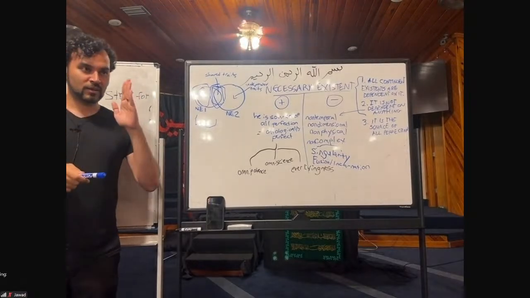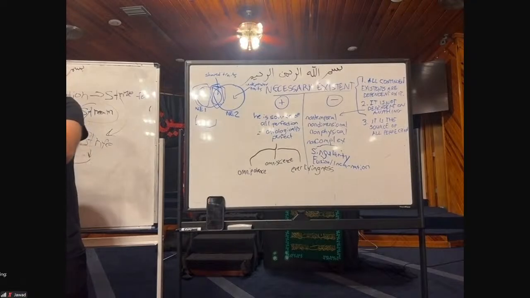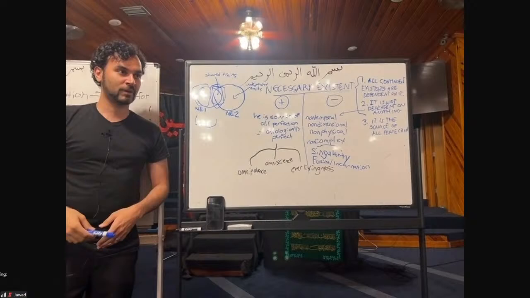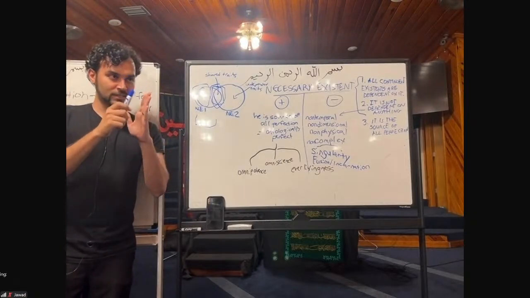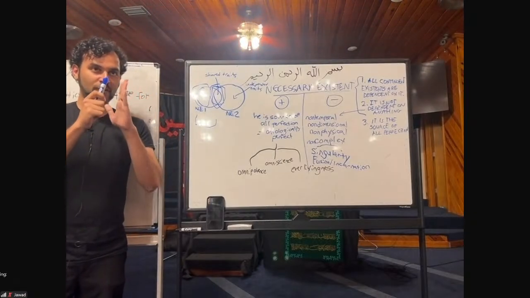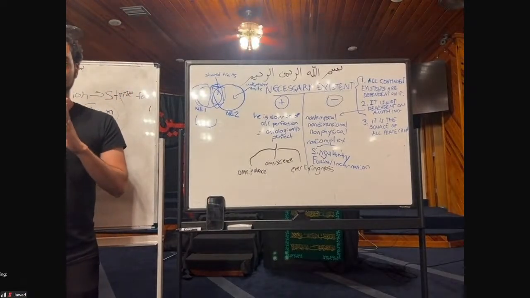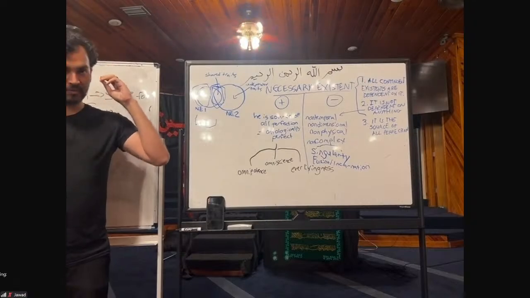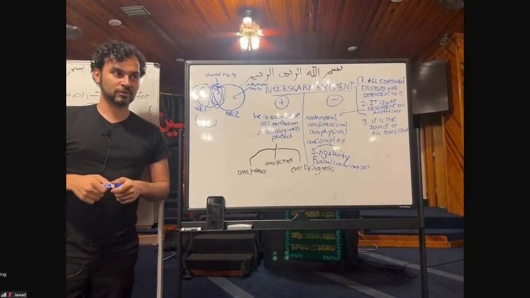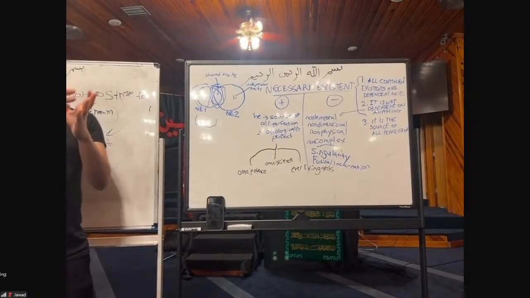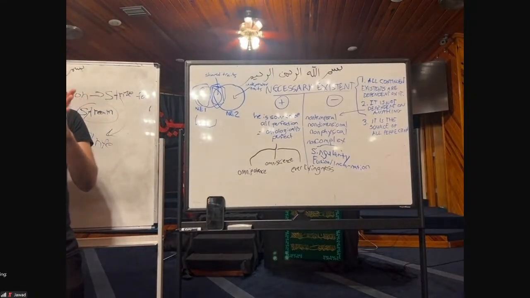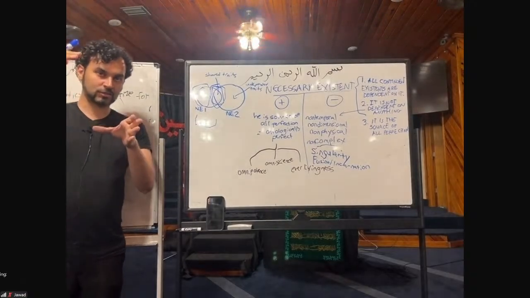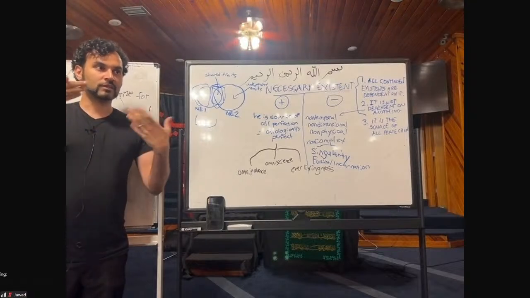Al-Malik, Al-Quddus, As-Salam, Al-Mu'min, Al-Muhaymin, Al-Aziz, and then at the very end, Allah says Subhanallah amma yushrikun. He's beyond anything you can imagine, right? Every name is amplifying the perfection of God within the human mind, and then at the very end, it's like He's going to explode your mind. He's beyond anything you can imagine. So that's the significance of that verse. That verse is extremely powerful. In fact, there are hadith that say that these last verses of Surah Hashr have Allah's Ismul A'zam in it.